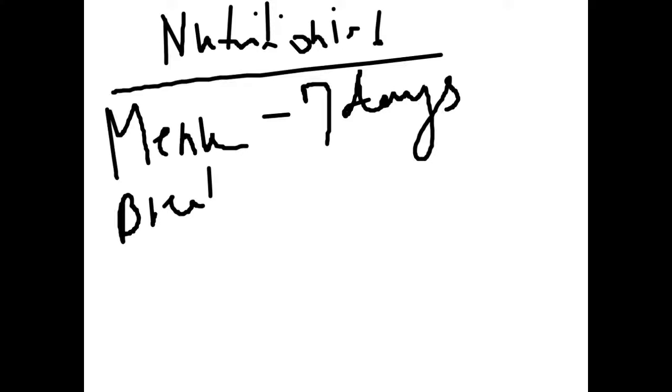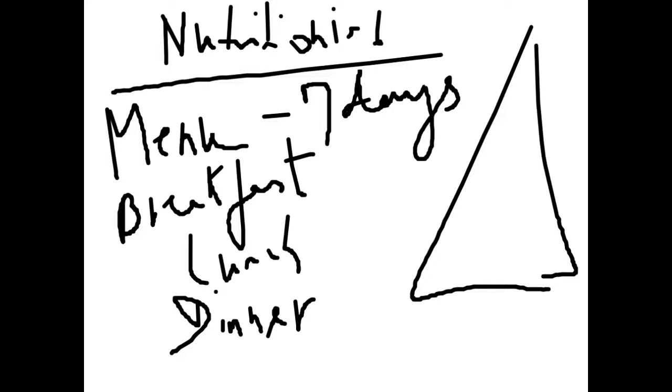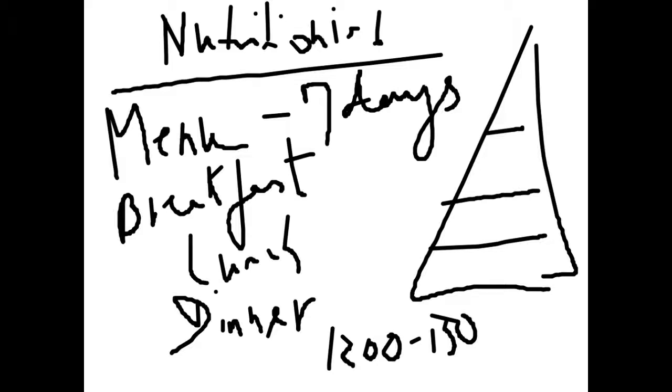I wish there was a way to write breakfast, lunch, and dinner. And you need to include everything in the food pyramid, right? So everybody is aware, all that you get from Google. You need to include proper dietary things from the food pyramid so that you have a caloric intake of between 1,200 and 1,500 calories a week.